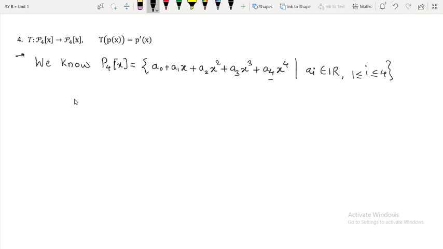So now this p of x is actually a polynomial from P4 of x. We will give notation to this p of x, and I will use this notation only, so then you will understand how this T is defined.